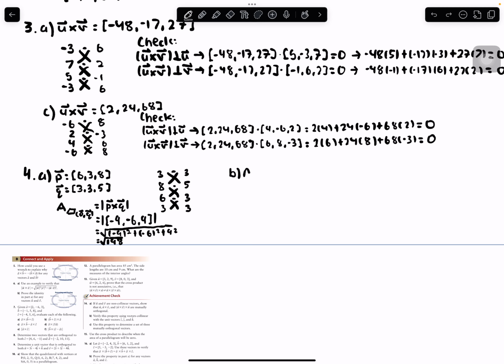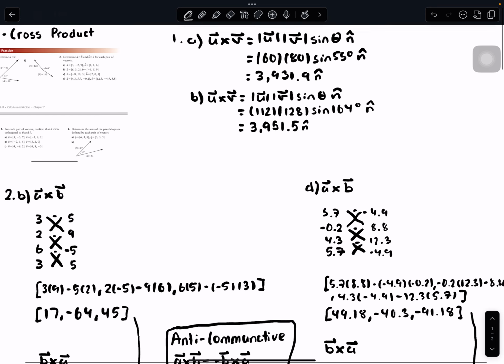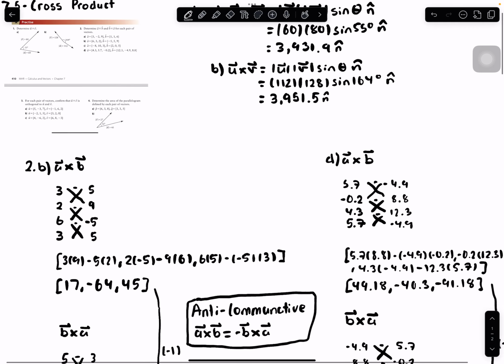So area of parallelogram constructed by uv. It's just going to be absolute value u, absolute value v, sine theta. We're given those guys. It's 43 and 27. Sine of the angle between them as they lie tail to tail.